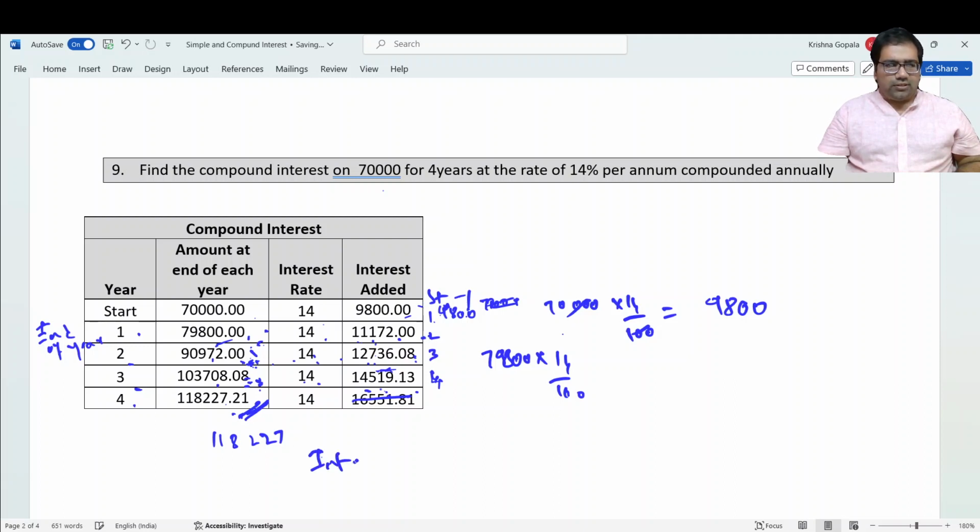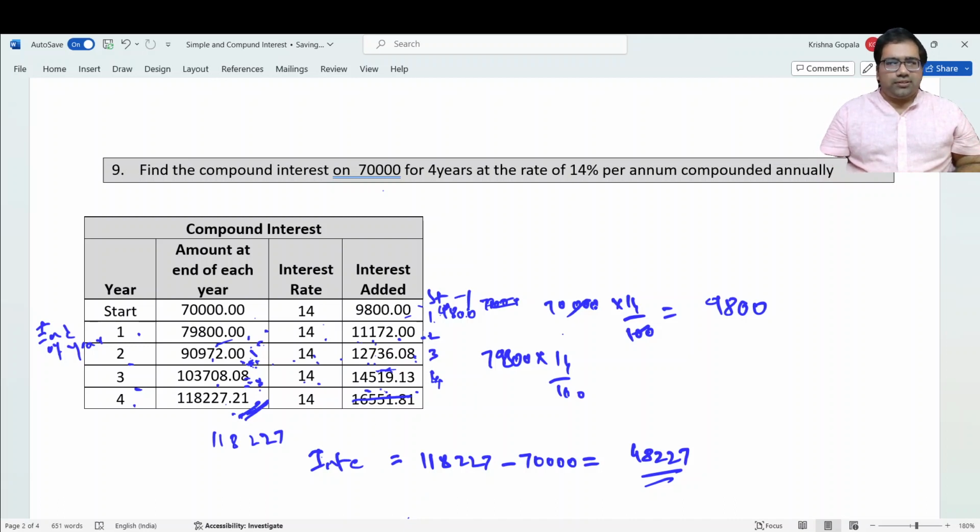So what is the total interest? Interest is equal to 1 lakh 18,227 minus 70,000, which is equal to 48,227. This is the amount of interest at the rate of 14% per year. Right? This is the calculation.